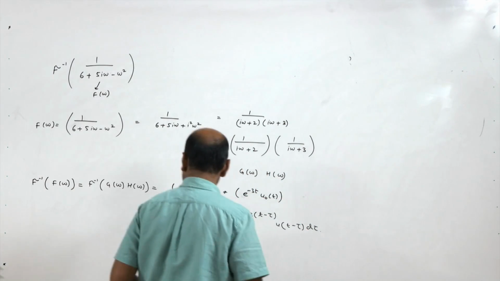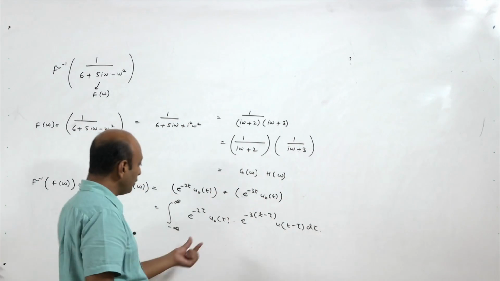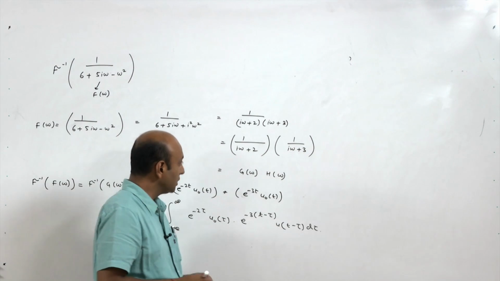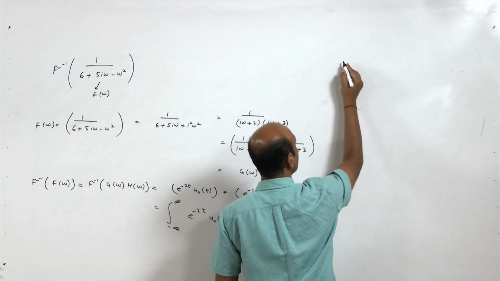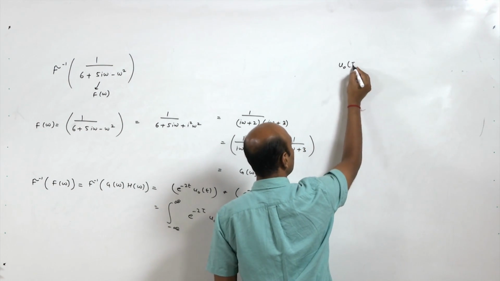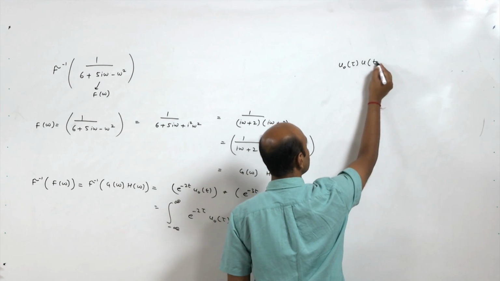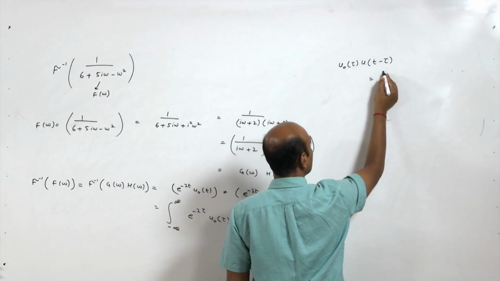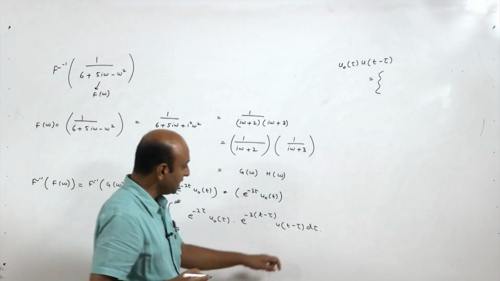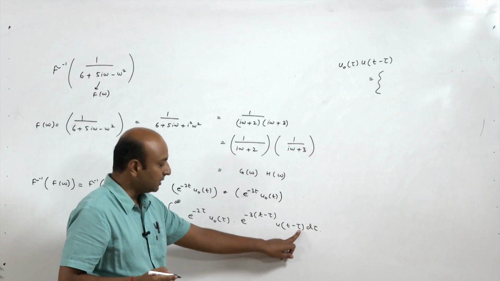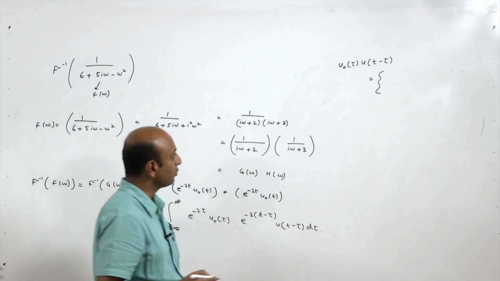Here we have two unit step functions, so let us find what the product u0(tau) into u(t minus tau) is. Tau is a variable basically, so we have to see it with respect to tau.